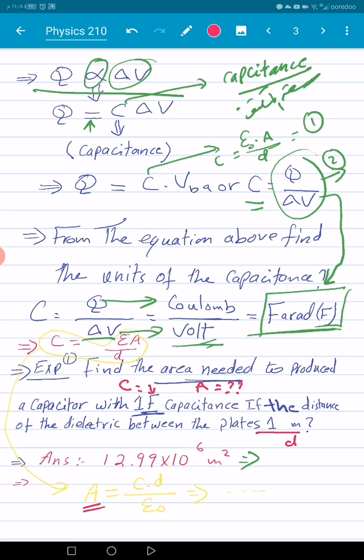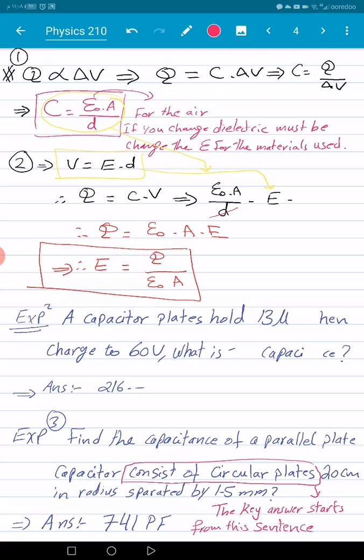A is equal to C D divided by epsilon naught. We use the first equation. C is equal to epsilon A divided by D. So I need A. So A is equal to CD divided by epsilon. You find this result. Please try to check it in your notebook.